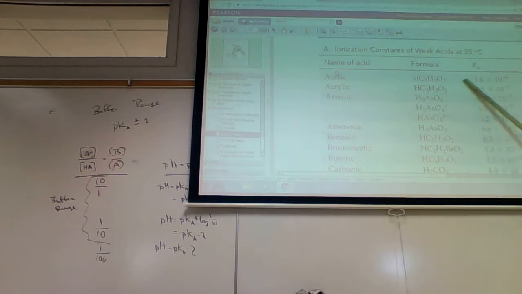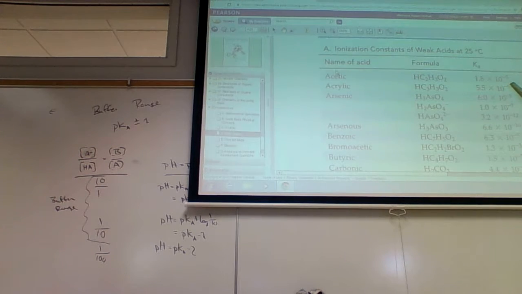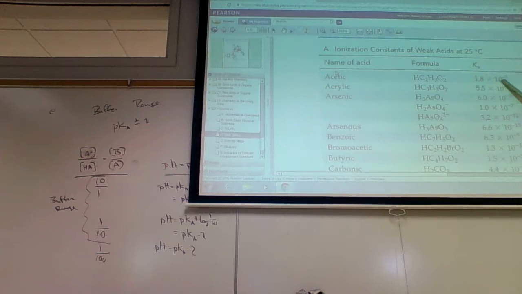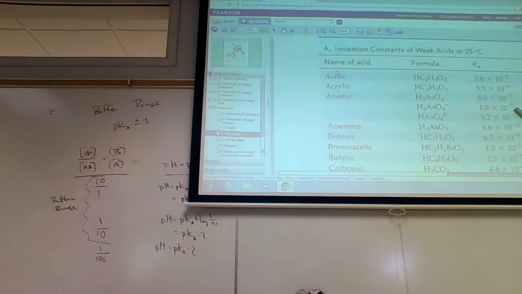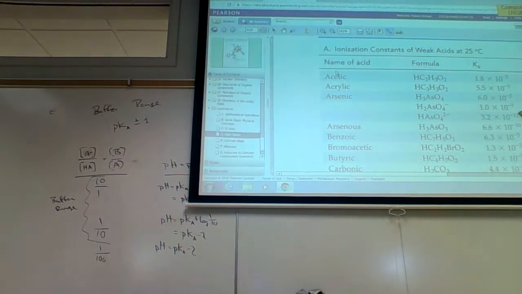So let's take a look. So we're looking for K around 10 to the minus 7, 10 to the minus 6, 10 to the minus 7, 10 to the minus 8, around there.